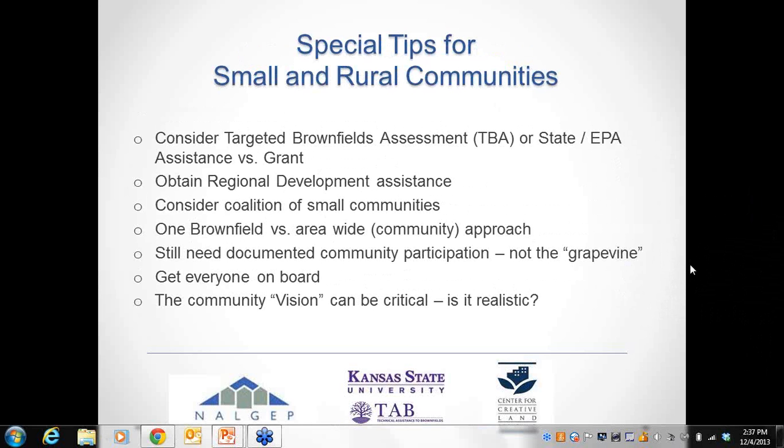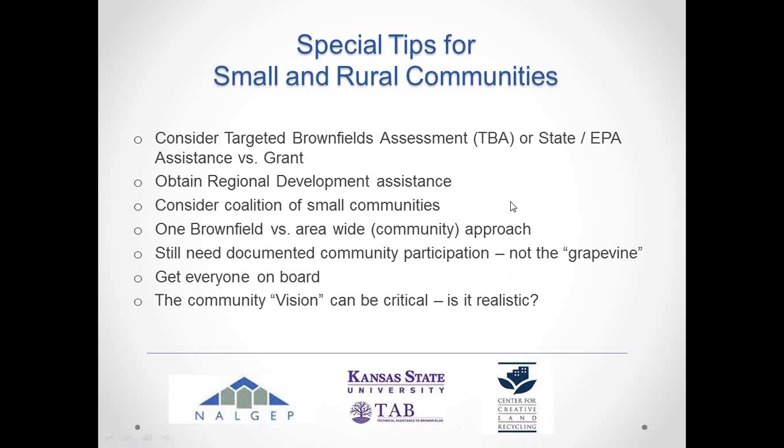That's especially helpful for small towns who don't have a lot of experienced folks to put in this kind of effort. Another thing to consider is that maybe several small communities can work together or form a coalition and do a joint proposal to address several communities at once. And that kind of fits in with the next point: are you dealing with one specific brownfield site, or is it really that the entire community has issues scattered around the town?